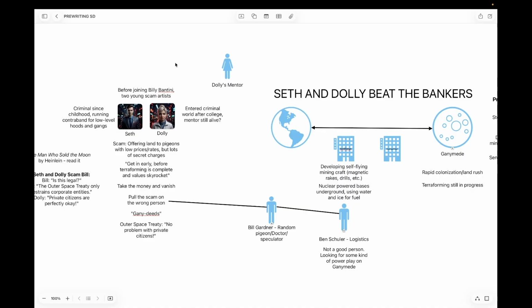I don't know yet what her name is. I haven't decided. I like the idea of her being in the story somehow. But we'll see where that goes.